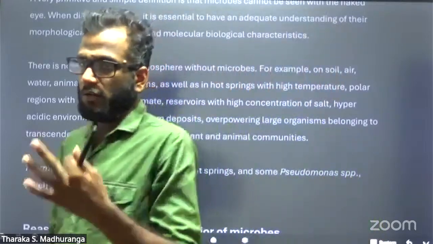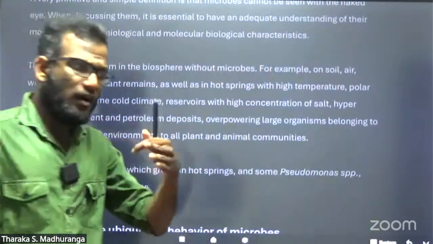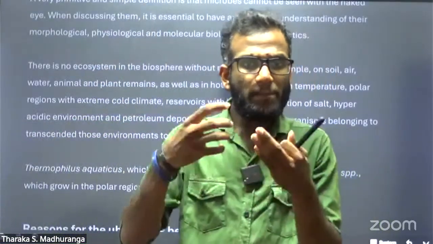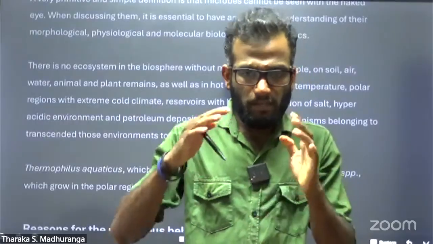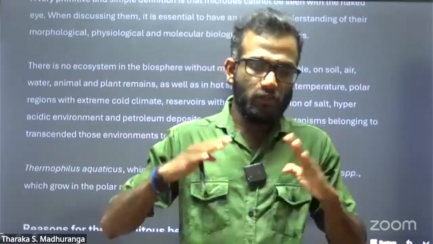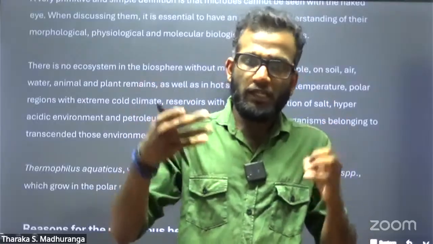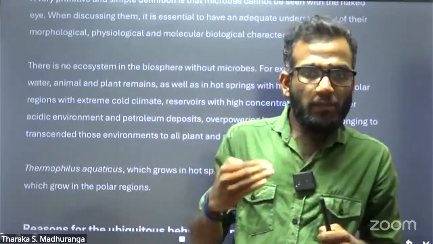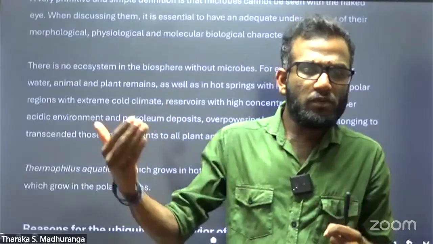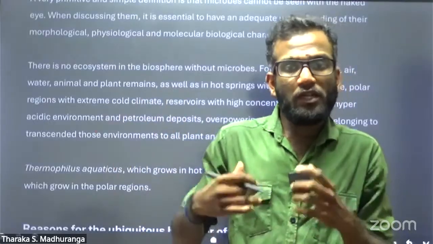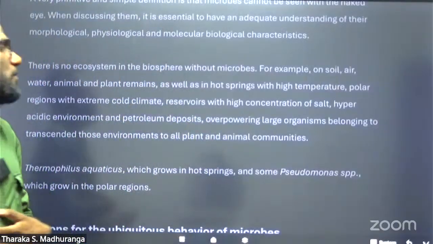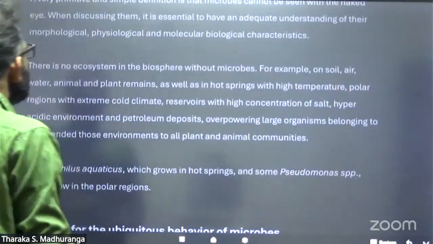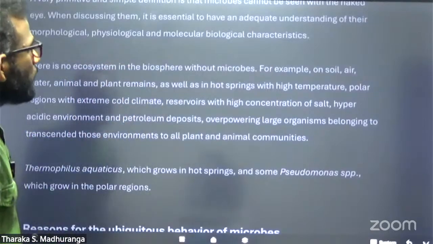Also in highly acidic conditions, which we call abnormal environments. Normally organisms are mainly three types: animals, plants and microorganisms. Animals or plants cannot live there, but only microorganisms can live. Therefore, we say there is no ecosystem in the biosphere without them.